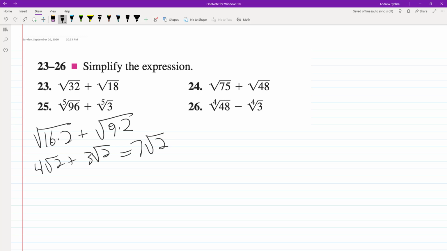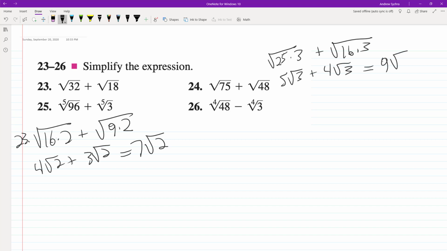Okay, and then here, this is 23. 24, we have square root of 75, which is 25 times 3. So that combines to be 9 root 3.